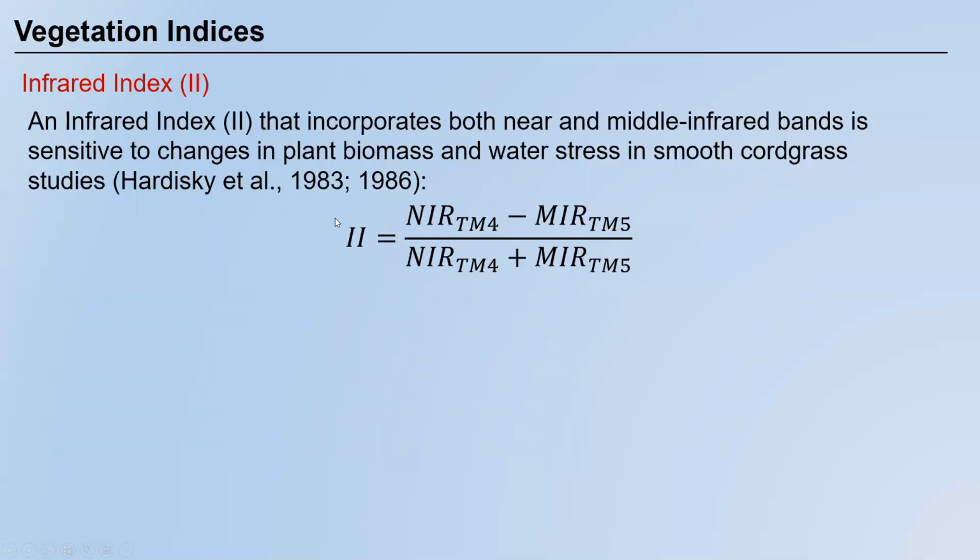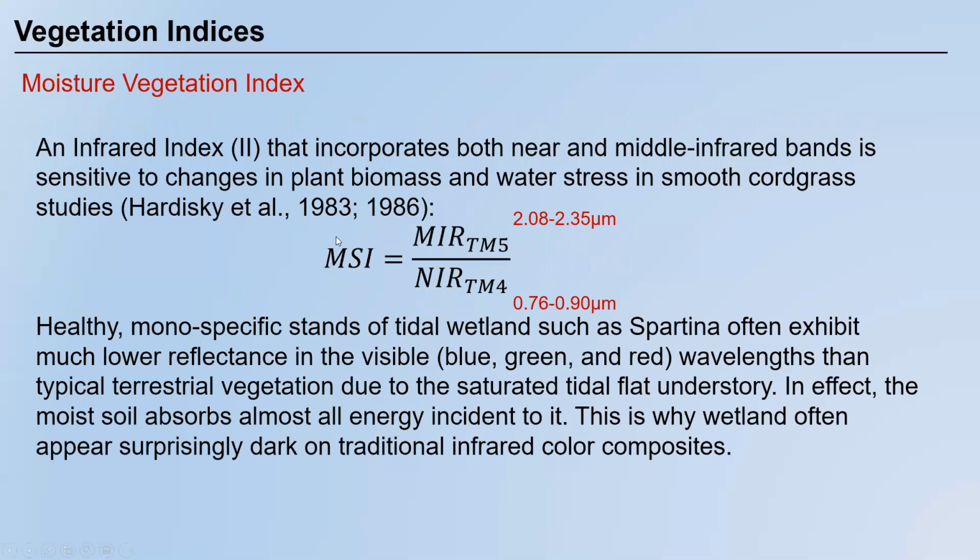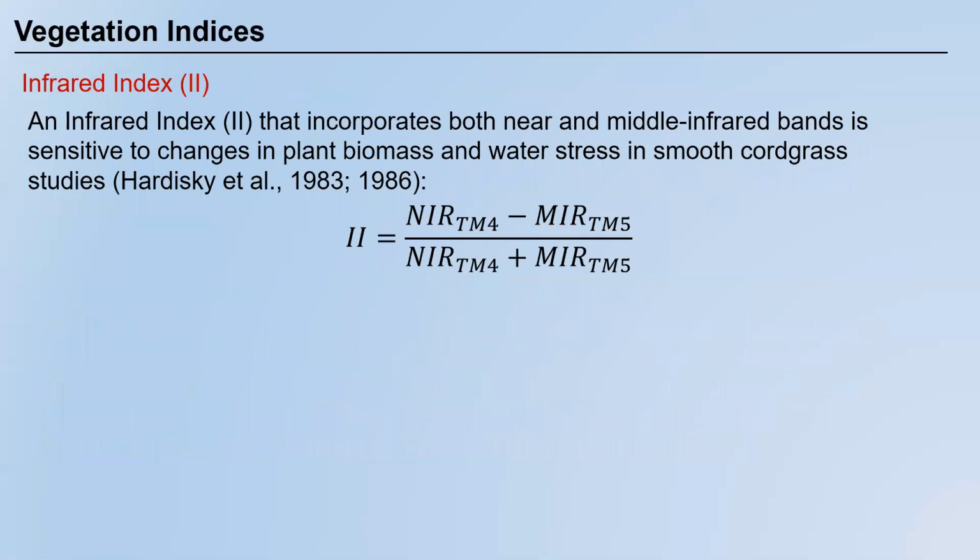But we talked about that, if water stress is low, then MSI should be low because the numerator is low. Abundant water, low MIR reflectance. But here, if a plant is very good in terms of water, there is no water stress, then MIR should be low, right?